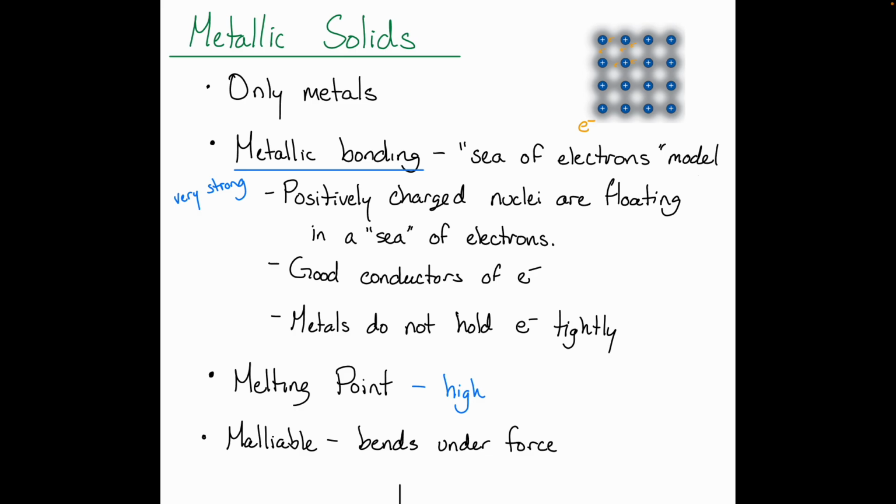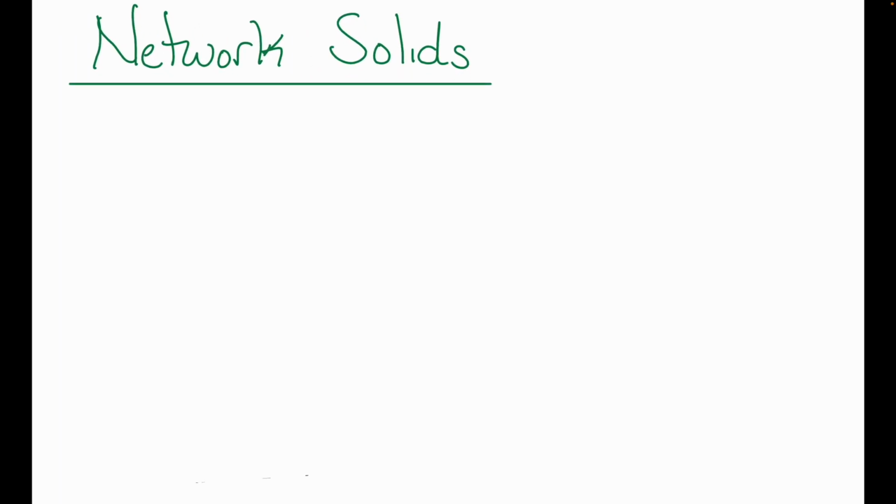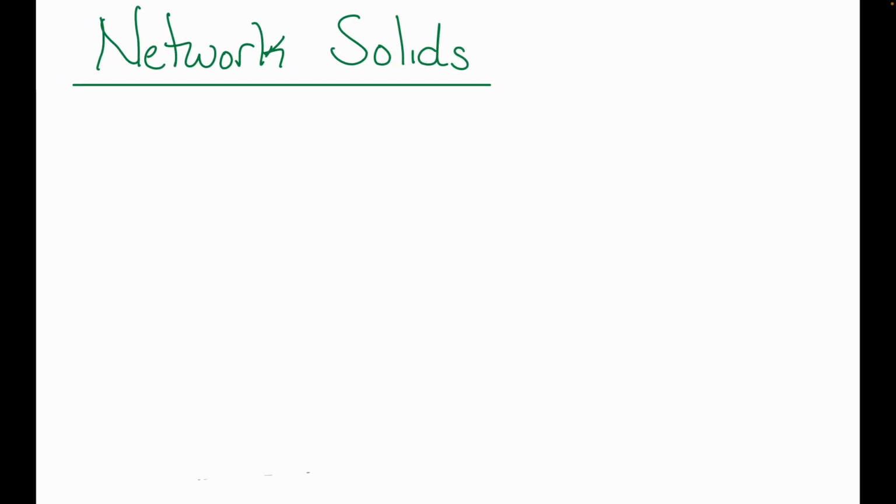All right, and the last one is kind of a specialty boutique solid. Very rare, but nonetheless, we're going to discuss what are called network solids. If you remember how we were discussing molecular solids, and I made a big deal about how neighboring molecules were not covalently bound to one another, they had those weak intermolecular forces.